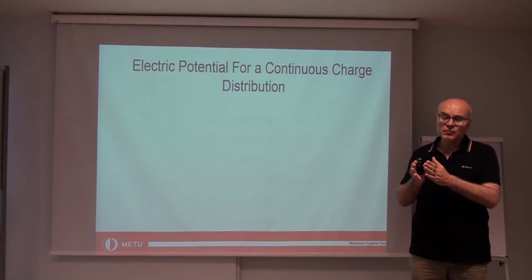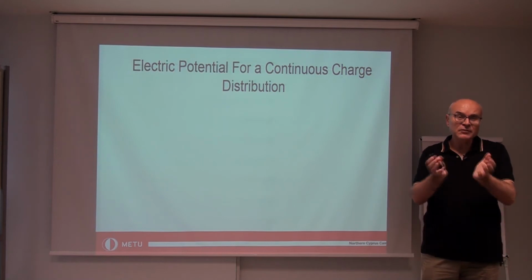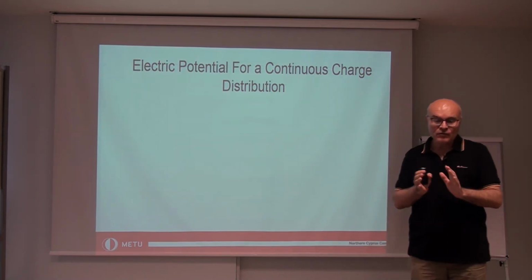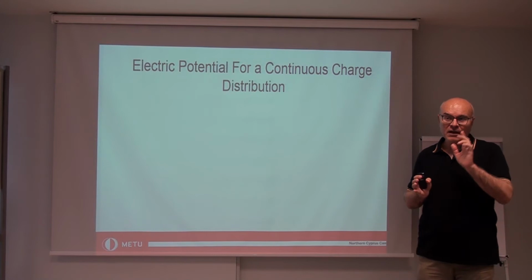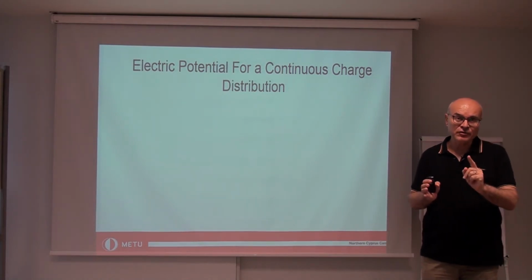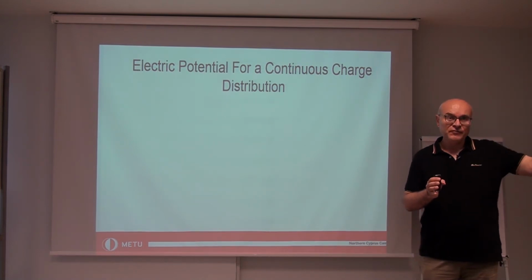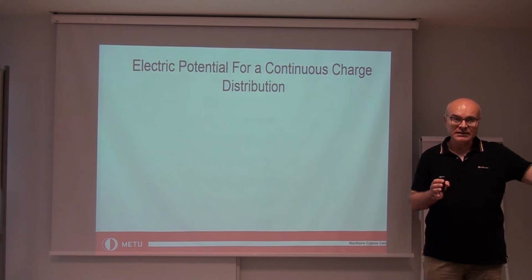Now we move back again to finding the electric potential due to charge distributions. So far, we have derived the electric potential of a single point charge, given with respect to V equals 0 at infinity.